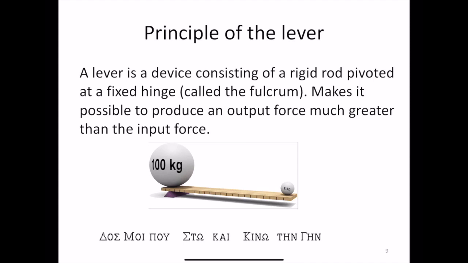So how does it have a large torque? Remember that torque is force multiplied by lever arm. So the 5 kg weight has a much longer lever arm, and the 100 kg weight has a much shorter lever arm. And so the torques equal out, and you can lift up a very heavy weight by just exerting a small weight on one side.